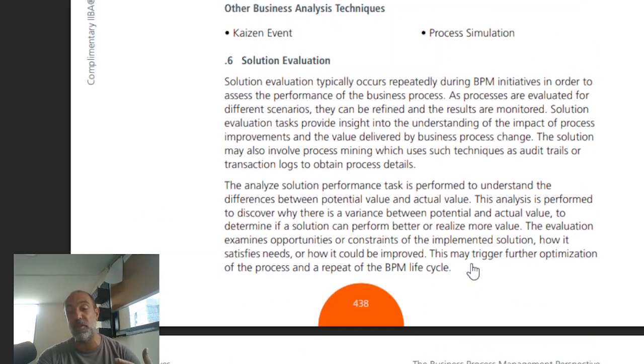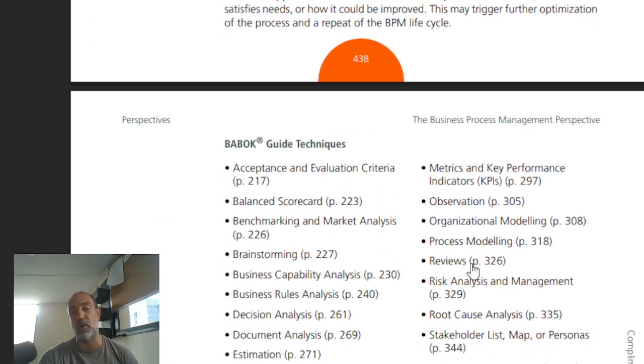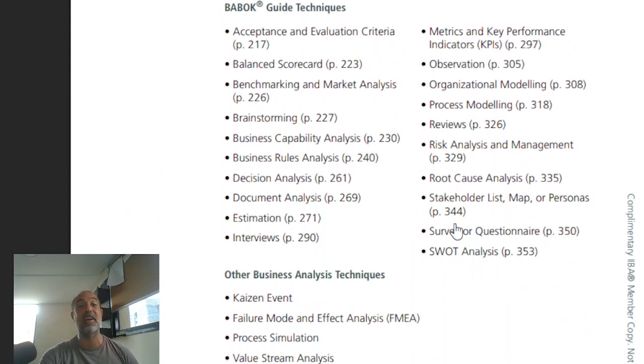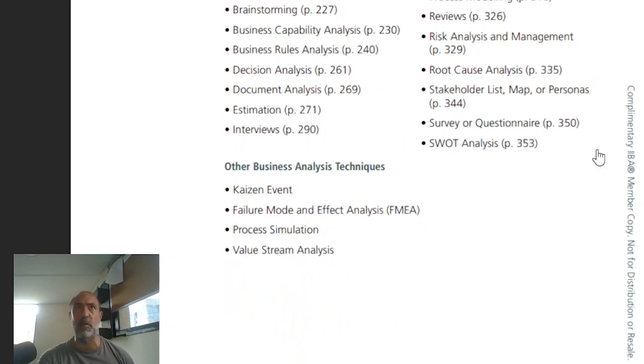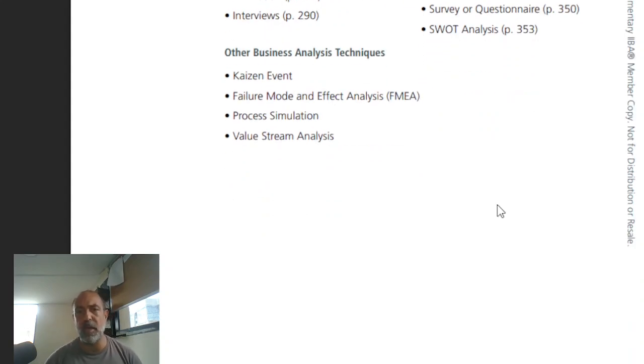Because you're working on a solution and you're looking at whether it's a yes or a no. So note how all of these are analysis and asking questions and checking on the metrics and observation, right? And modeling the organization after the solution to see if it made a difference or not. If it didn't make an impact, why did we do it? And ultimately, other business analysis techniques: Kaizen event, failure mode and effect analysis, FMEA, process simulation, and value stream analysis.